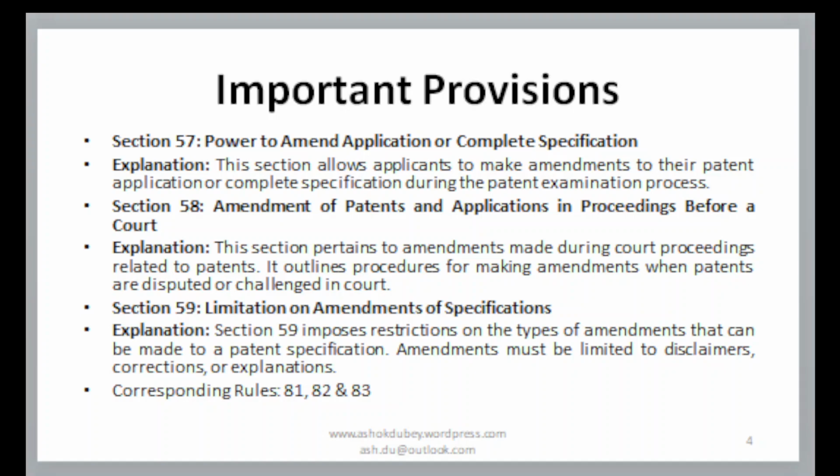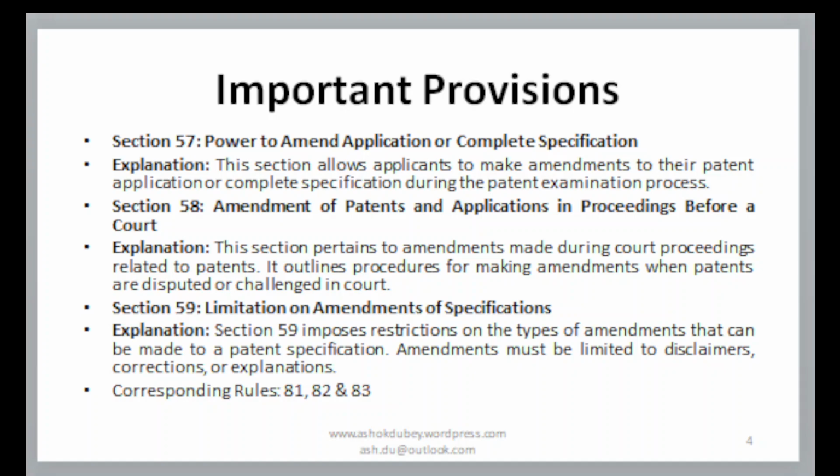And sometimes when the research or the invention is still in the life cycle, or is not yet completed, then you can file a provisional application, and in a certain period of time you have to file the complete specification. Section 57 allows the applicant to make amendments to their patent application or complete specification during the patent examination process.